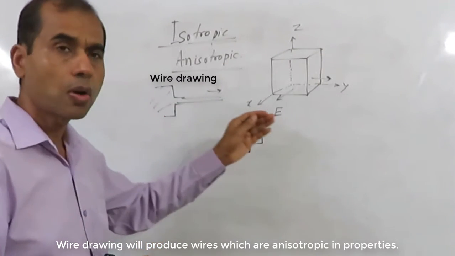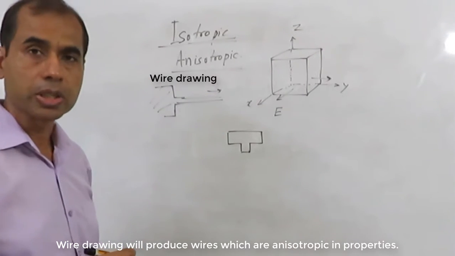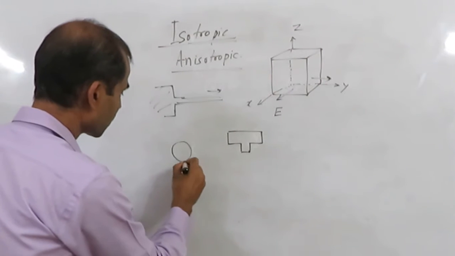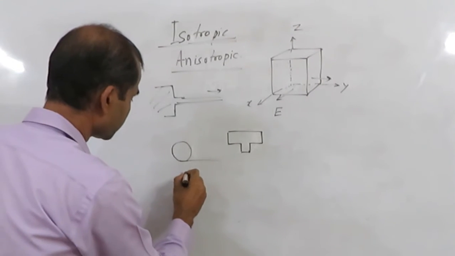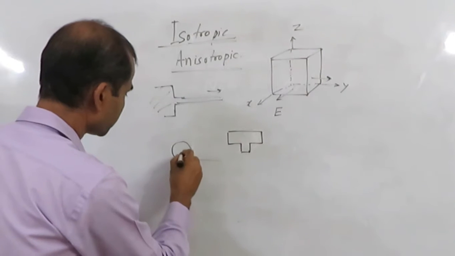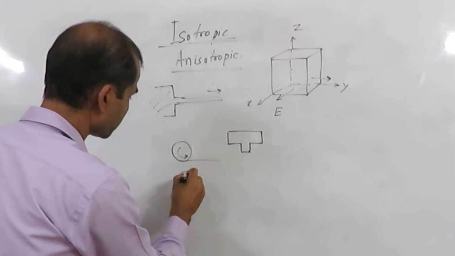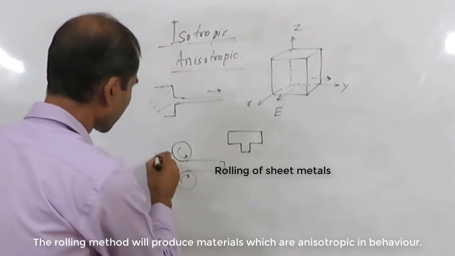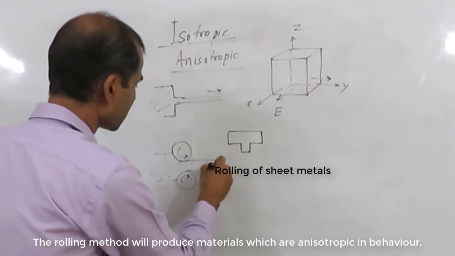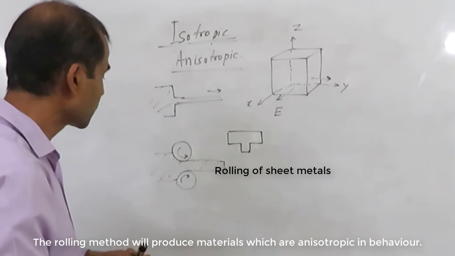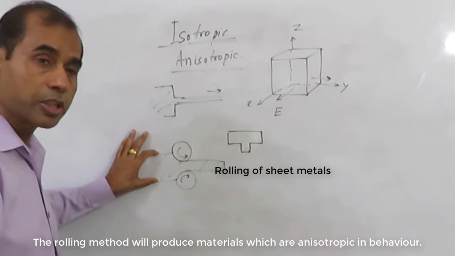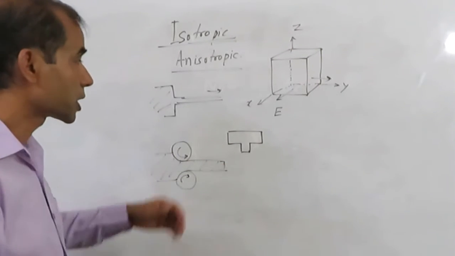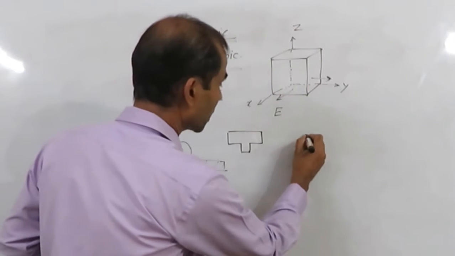By drawing, we can produce a wire of material, or we also conduct rolling, for example. By rolling, we can reduce the cross-section or thickness of this material, and also we can make it very, very thin. So for example, sheet metals are produced by rolling.